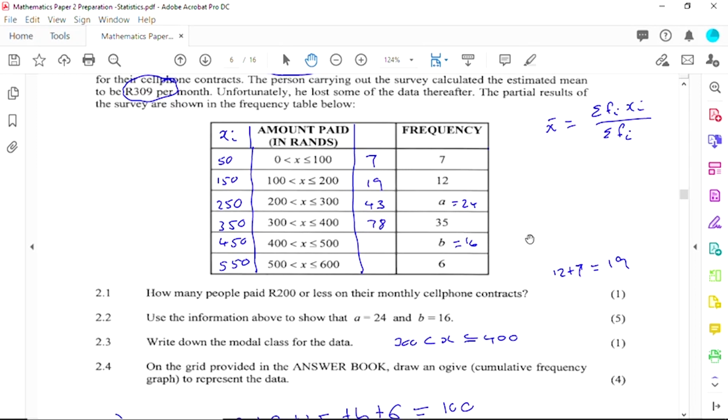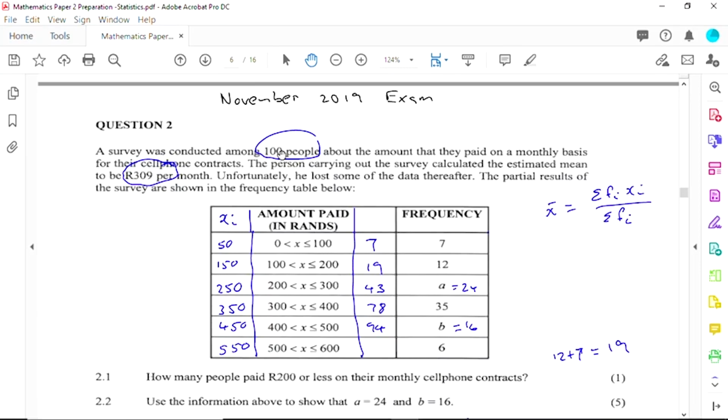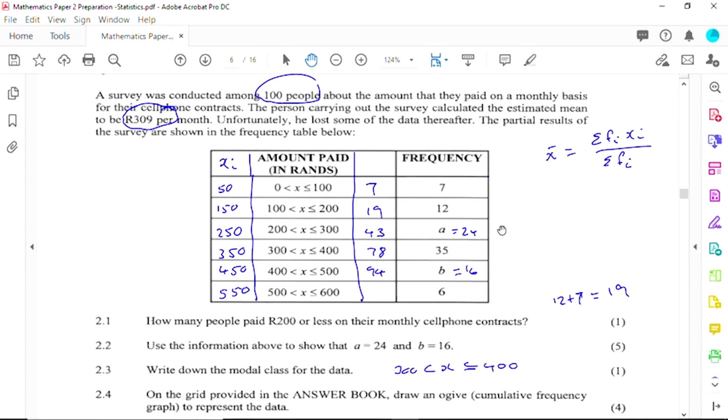We take 78, we add 16 to get 94. We take 94, we add 6, and we should get the total number of people, which is 100. If we are not getting 100, then there must be something wrong. We must have done something wrong. We should always get the total at the end.